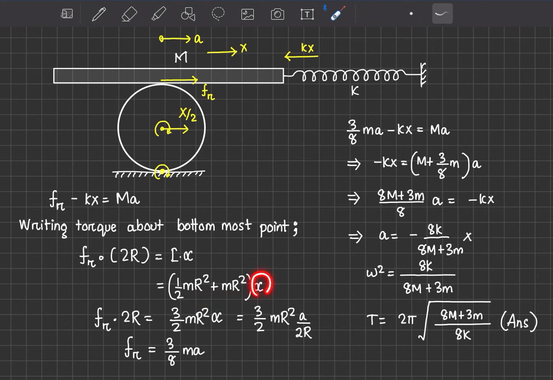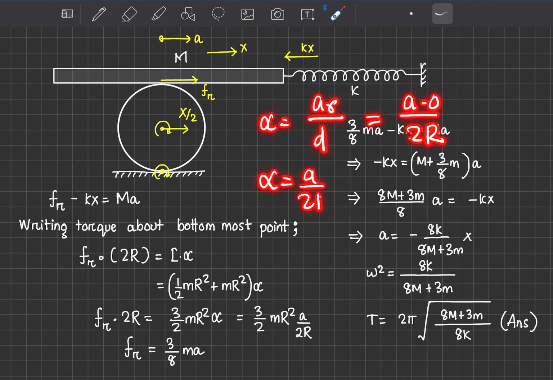Now how do we substitute the alpha value in terms of A? Here this point is moving with acceleration A, and because of pure rolling, this point has acceleration 0, and the distance between them is 2r. So alpha we can write as the relative acceleration by the distance between the two points, which is (A minus 0) by 2r, or alpha equals A by 2r.